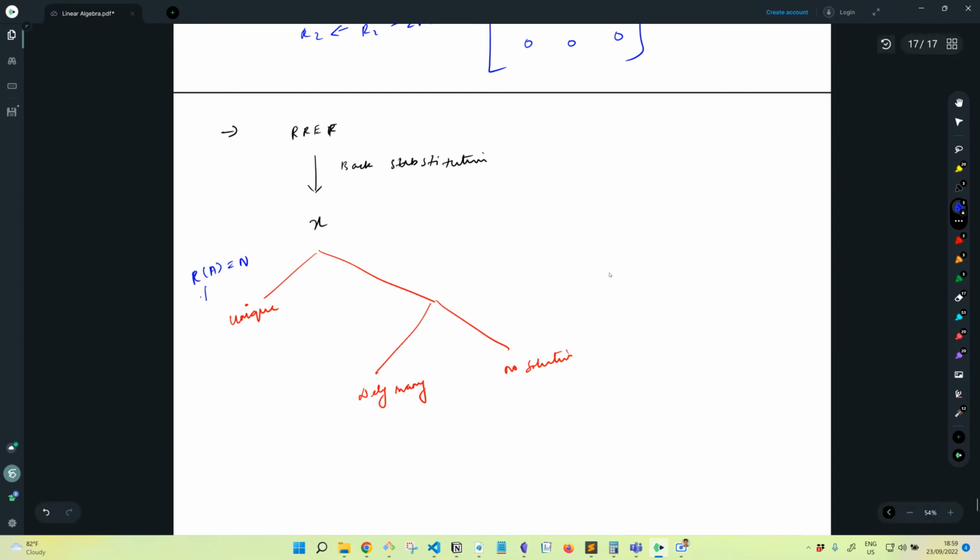Or to be more specific, x is unique when, in the row reduced echelon form of just the A part, not A comma B, there exists no zero row.